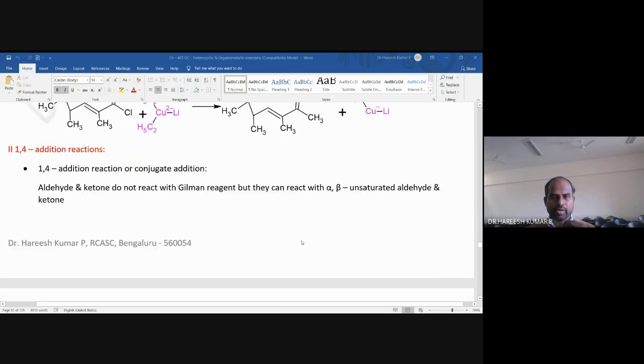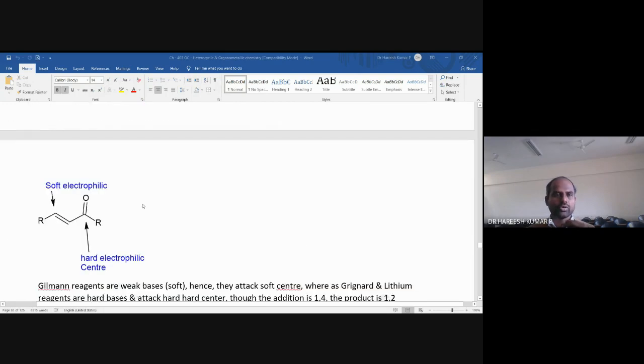Okay, so let's look into that. This is a carbonyl carbon, and this is called a hard electrophilic center. This is an sp2 carbon atom, and this one is called a soft electrophilic center.